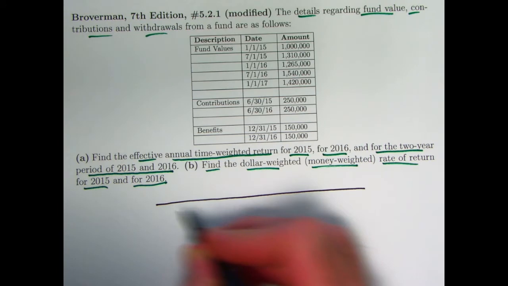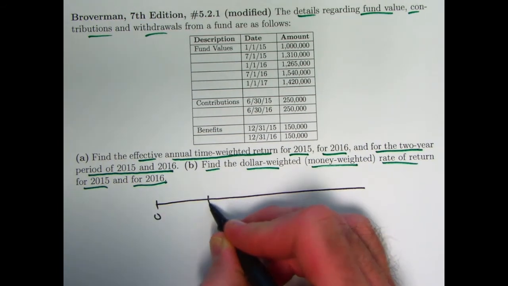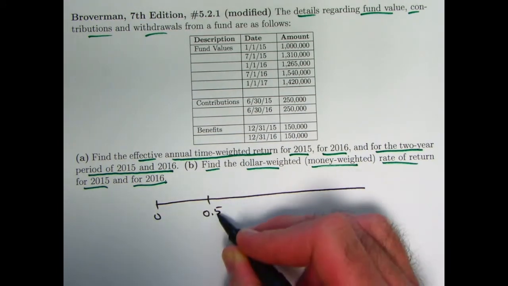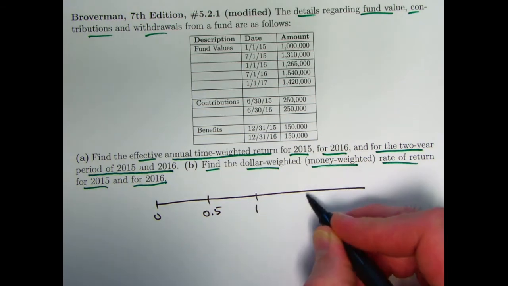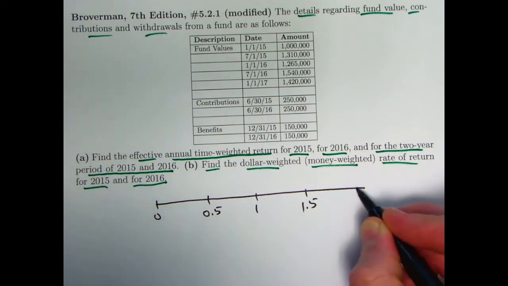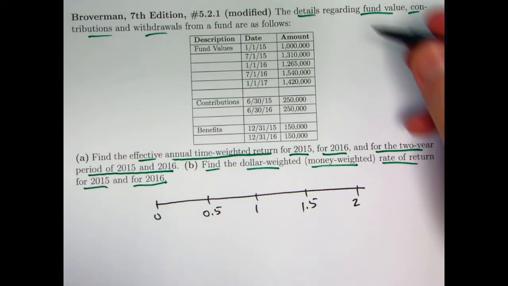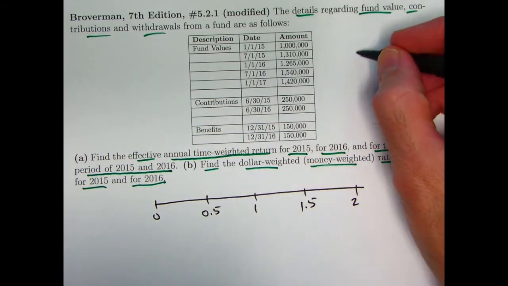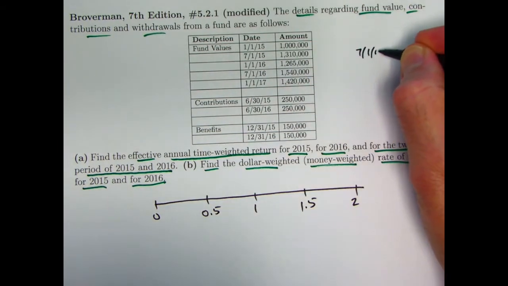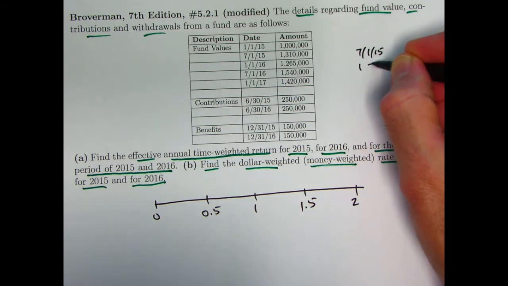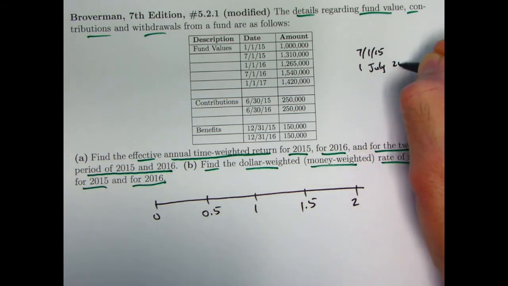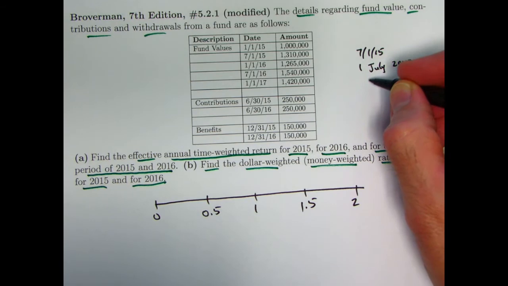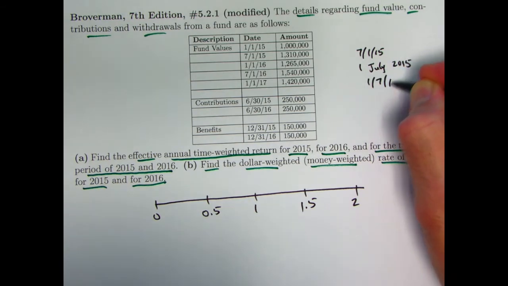I'm going to label the timeline in years, so 0.5 is going to represent half a year, which makes sense if you look at the table. By the way, if you're not used to the way Americans write dates, 7/1/15 really means the 1st of July 2015. That would be how many people in the world would write that as 1/7/15.